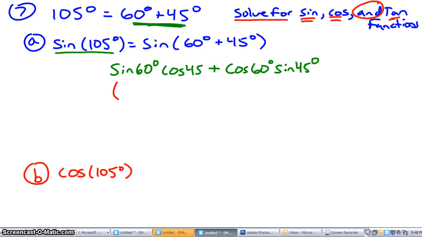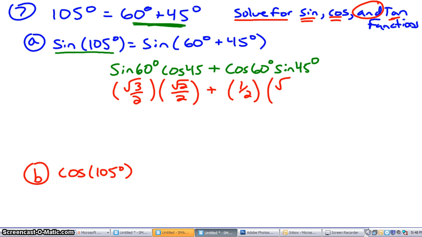The sine of 60 comes out to be radical 3 over 2. The cosine of 45 is radical 2 over 2. To that, we're going to add the cosine of 60, which gives us 1/2, and the sine of 45, which is radical 2 over 2.